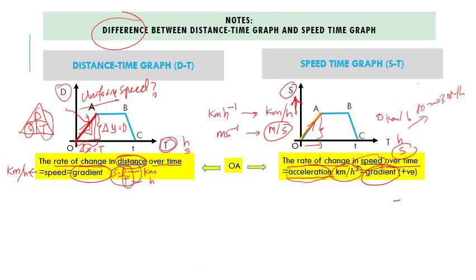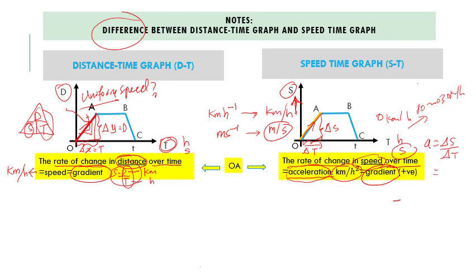You find the change in speed, or in y-axis. You divide by the change in time. So acceleration is the change in speed over the change in time.